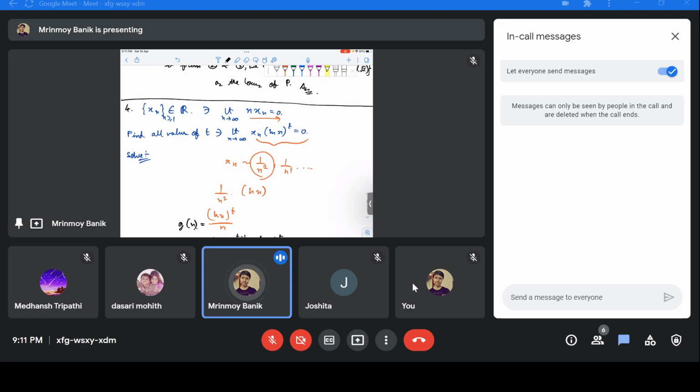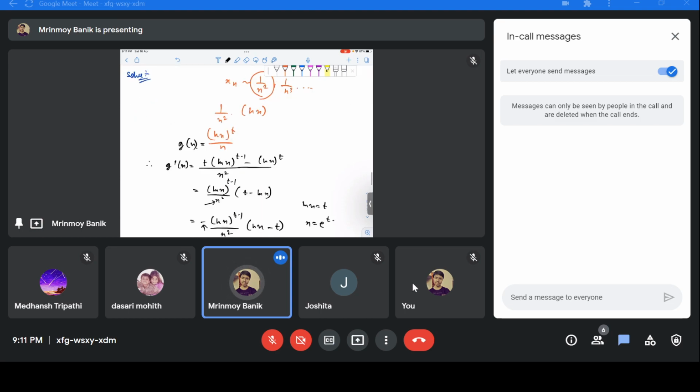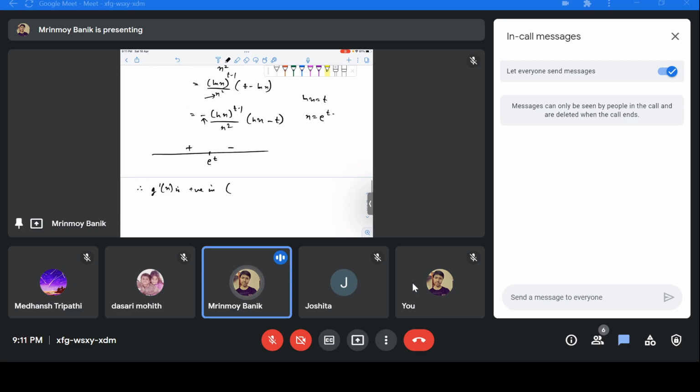Yeah, n is greater than or equal to 1. Okay, cool. n is a natural number, so n is of course greater than or equal to 1. So in 1 to e power t, g dashed n is positive and g dashed n is negative in e power t to infinity.